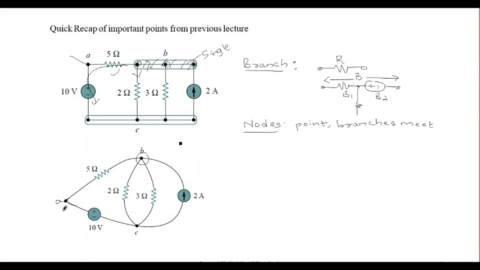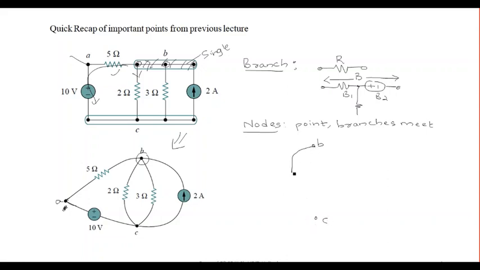This representation, you can have the same representation like this also. Or even if I neglect this node A, I may come out with another figure, where I call the points B and C only.